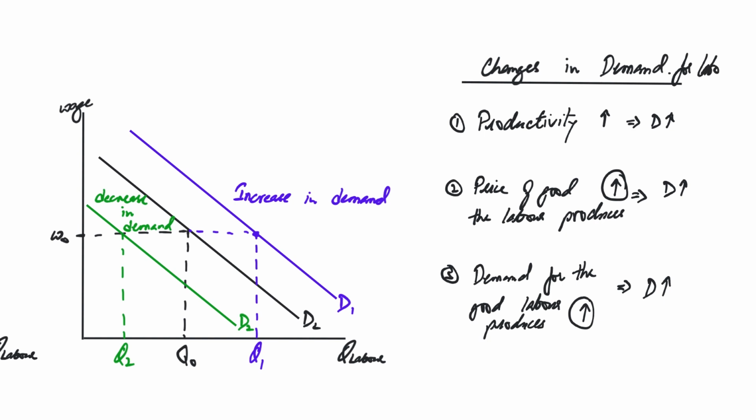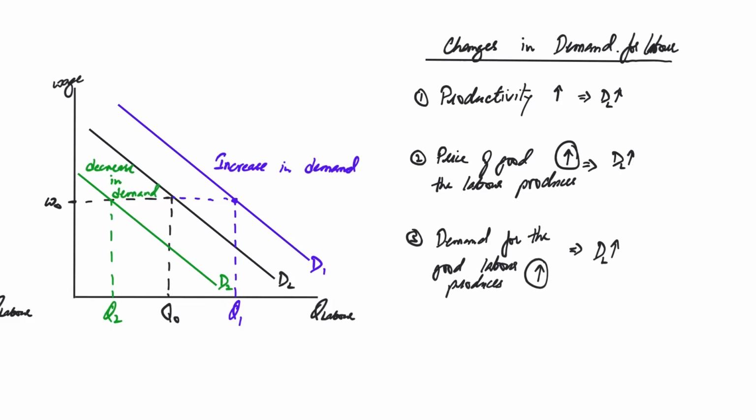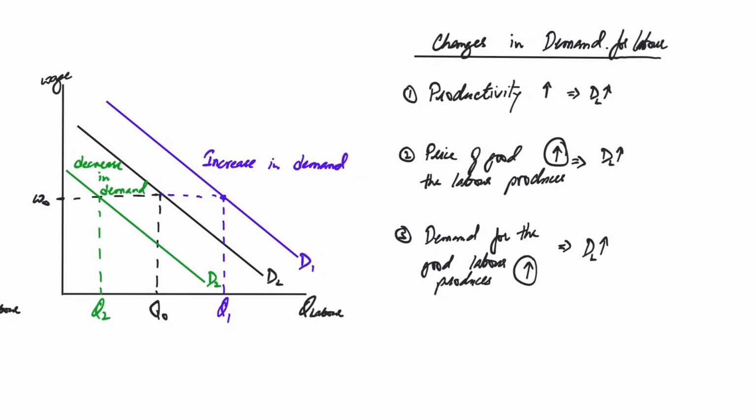These are all changes in demand for labor we're discussing. How demand for labor is going to increase as a result of these small changes. What happens from these? Productivity increases. In fact, it could be reasons like, what is the substitute for labor? Robots, automation.